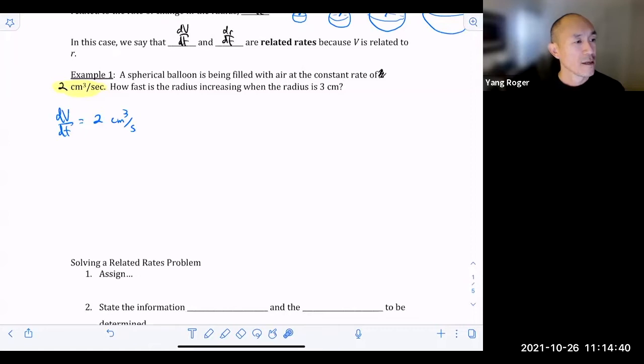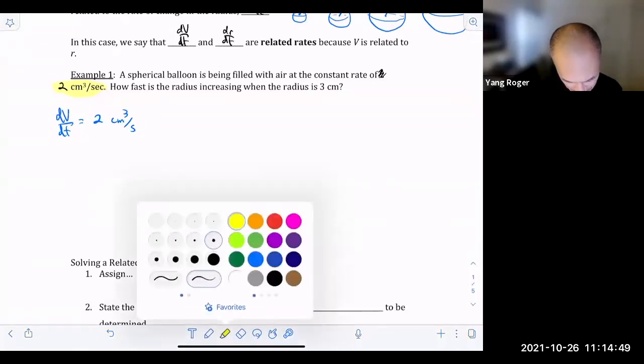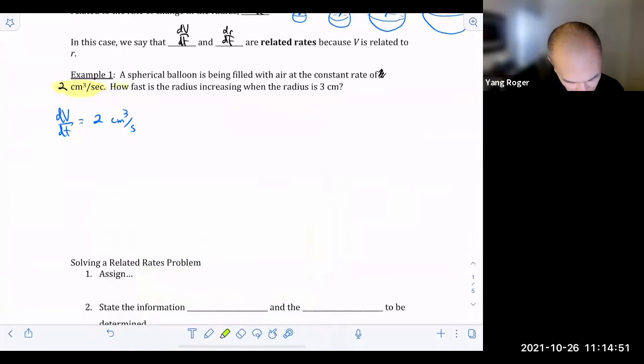The next thing I want to unpack with you is this next piece right here. Let's change up the color. When they ask how fast, they're asking for a rate of change, right?